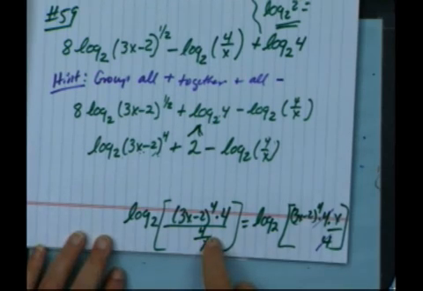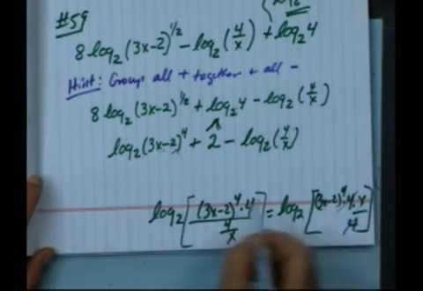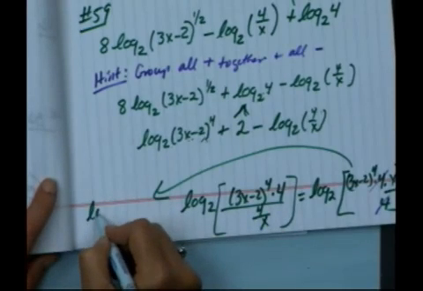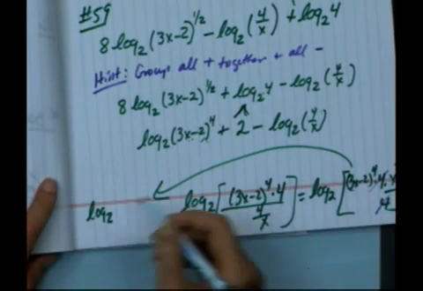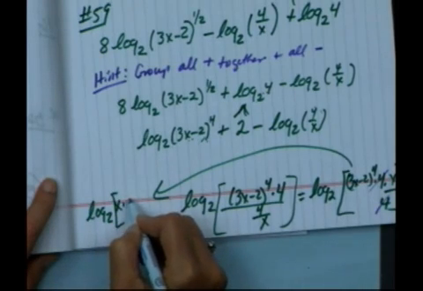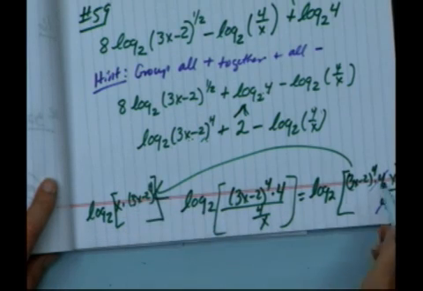When I inverted the 4 over x, the 4's divide out. Because I ran out of space, I'm going to stick it right here. So we have log to the base 2 of x times 3x minus 2 raised to the 4th, because the 4 is divided out.